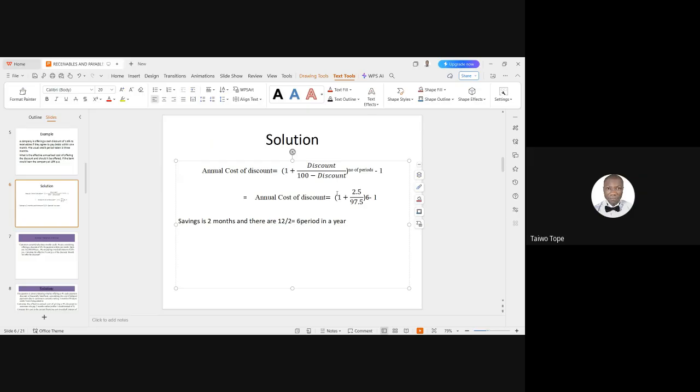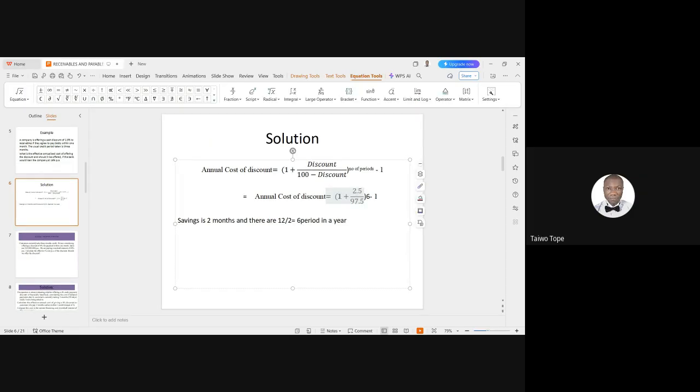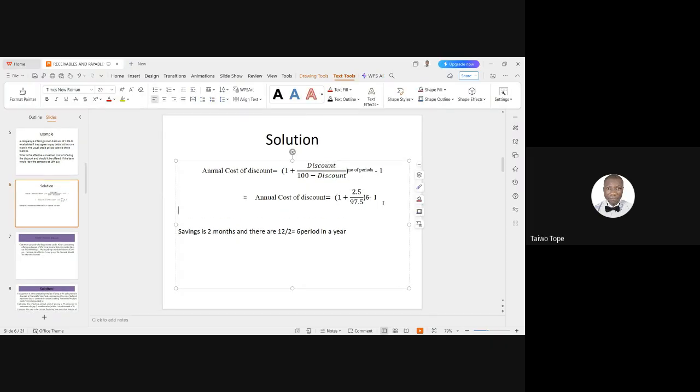When we simplify this value here, what will be our outcome? It is 2.5 divided by 97.5. The outcome will be what?